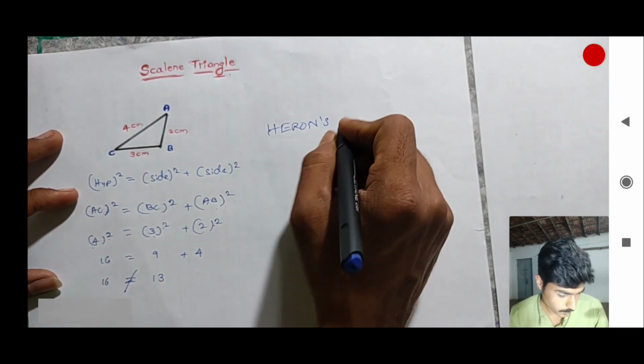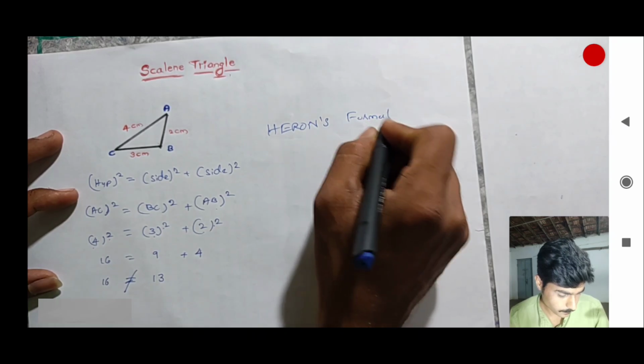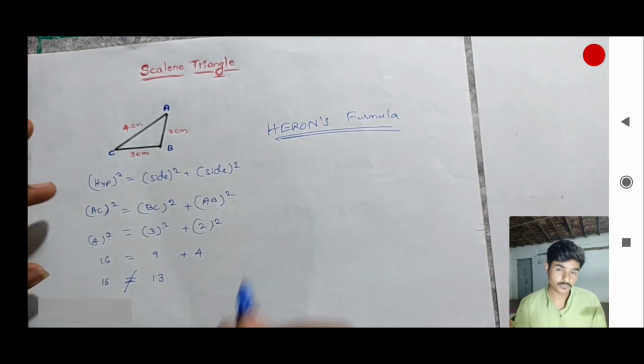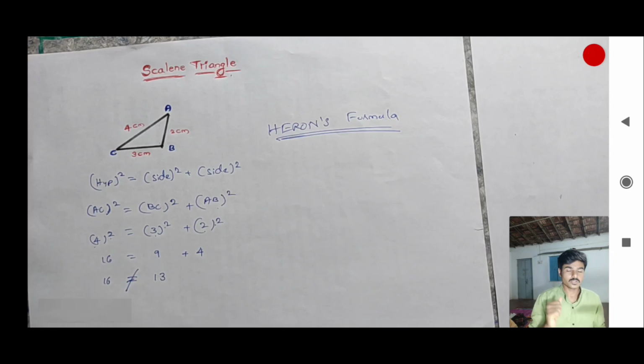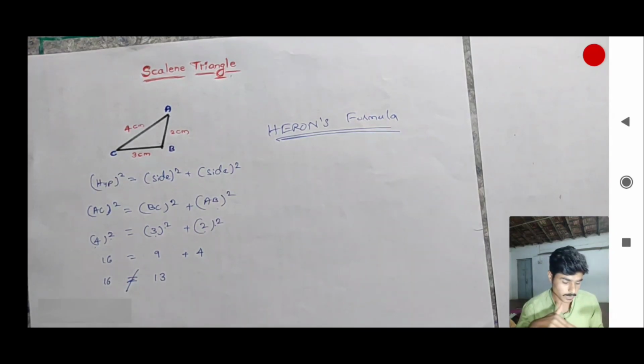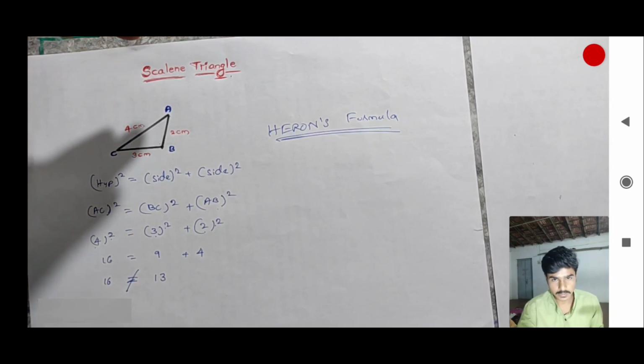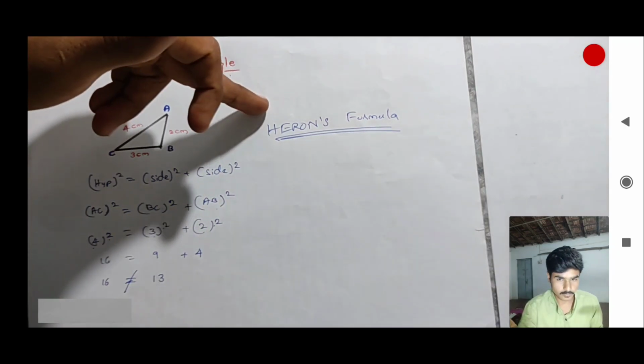If we don't know the value of height, then we can apply Heron's formula to find out the areas of such triangles, such as scalene triangle. But it doesn't mean that we can't find the areas of right angle triangle, equilateral triangle, isosceles triangle by using Heron's formula.